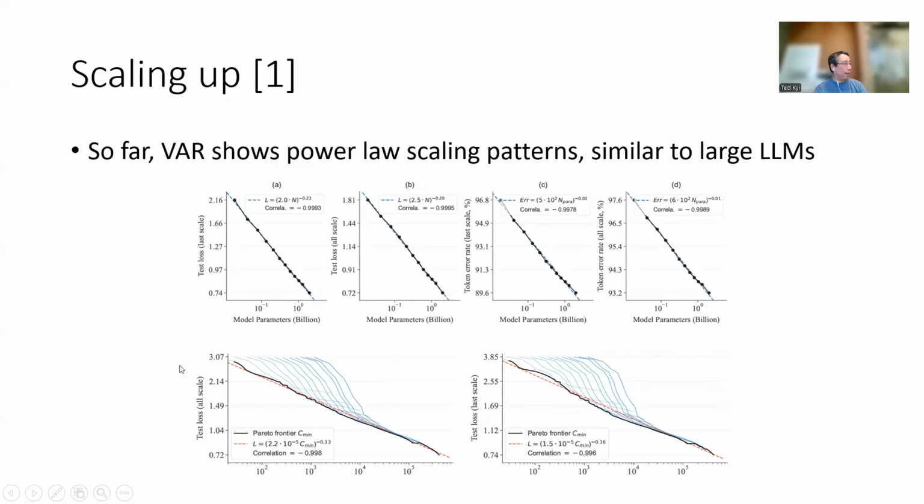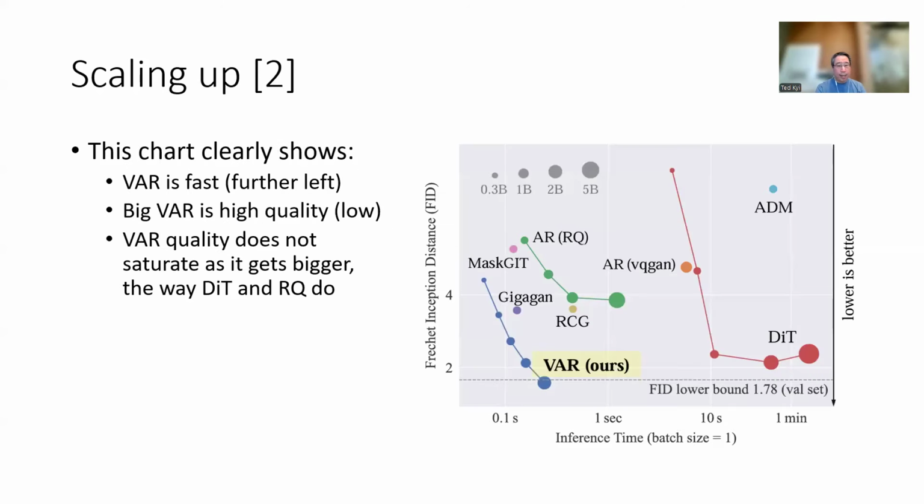We had a conversation about scaling and whatnot. So there's some things in here. I'm not going to go into the details, but at least up to the size that they built, which is not that big yet, the model seems to scale well, and it seems to follow this power law. So the hope is that it doesn't hit a glass ceiling. And so on this chart, you can see, for example, the DiT model, it got bigger.